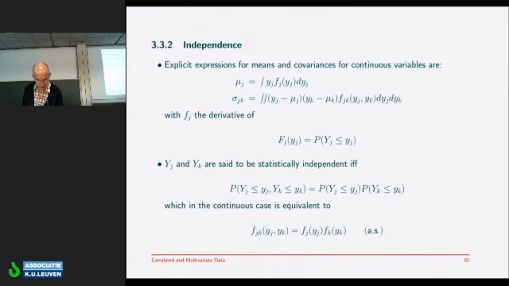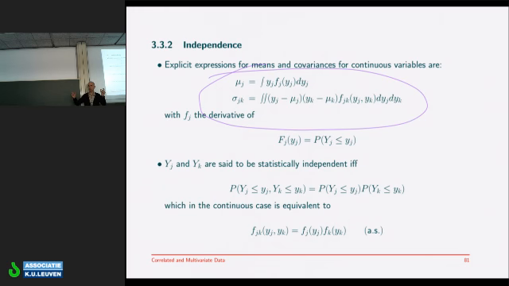Okay, so you can actually have explicit expressions for means and covariances, but this is the probability theory behind what we're doing. We don't need that in detail right now. We can look at independence, but of course we have to be a little careful. The independence between two variables means their joint distribution is the product of their individual distributions.